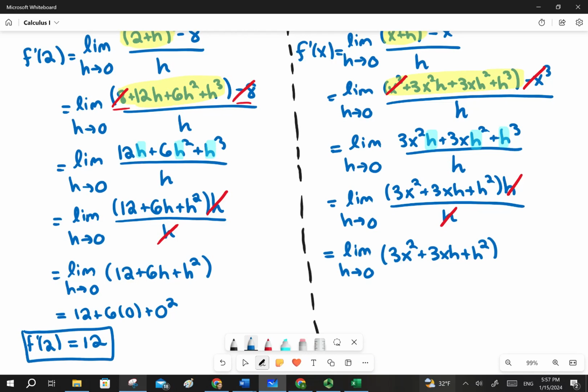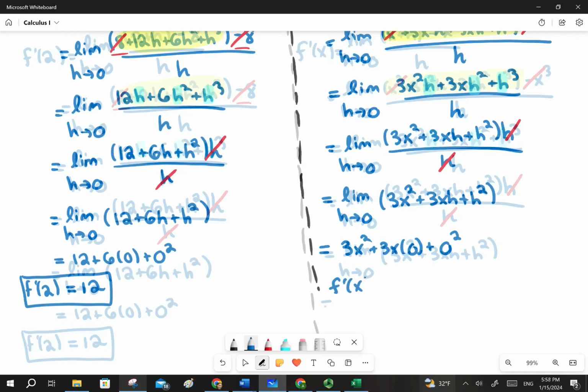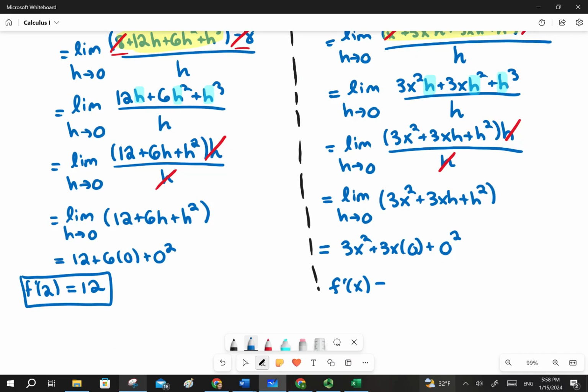And again, just like the first example, we can now plug in h equals 0 to evaluate the limit. f prime of x equals 3x squared plus 3x times 0 plus 0 squared, which equals 3x squared. The whole process was basically identical.